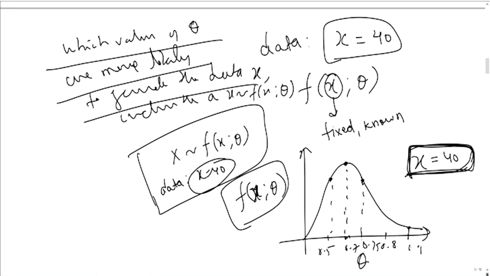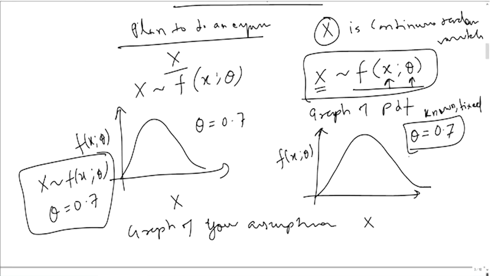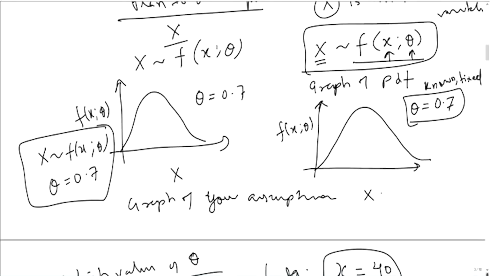This graph is called a graph of the likelihood function. So, this function f of x theta with respect to theta is called the likelihood function. And you can say the difference: the probability density function is a function with respect to your random variable x when theta is known and fixed.